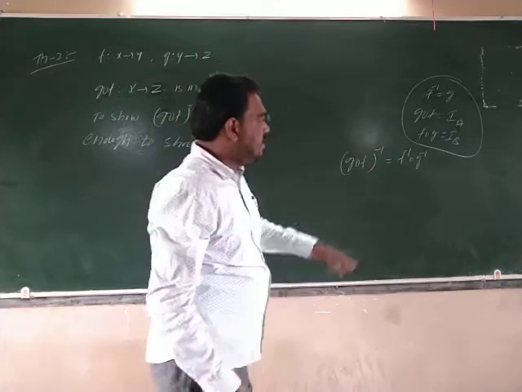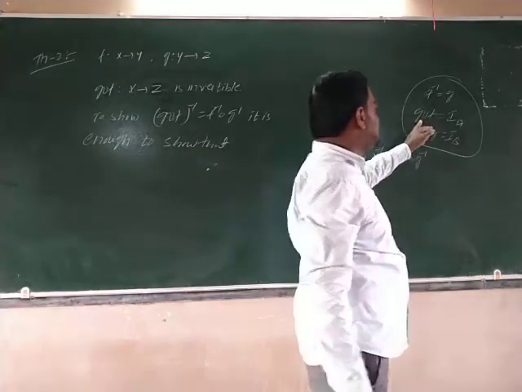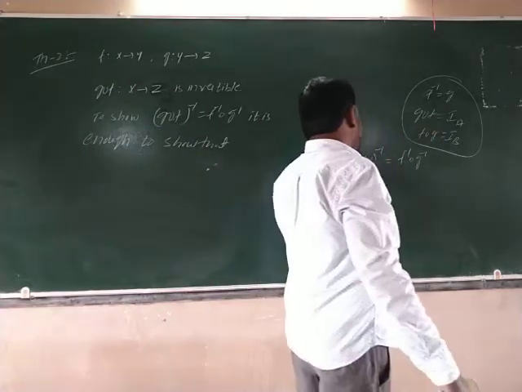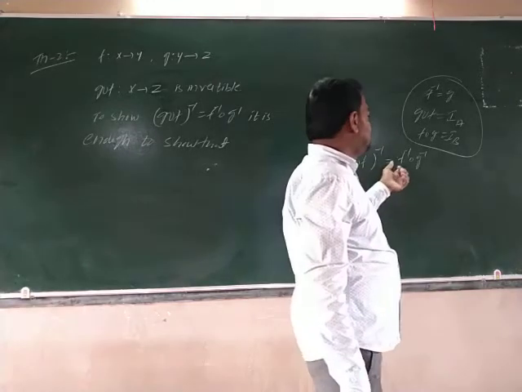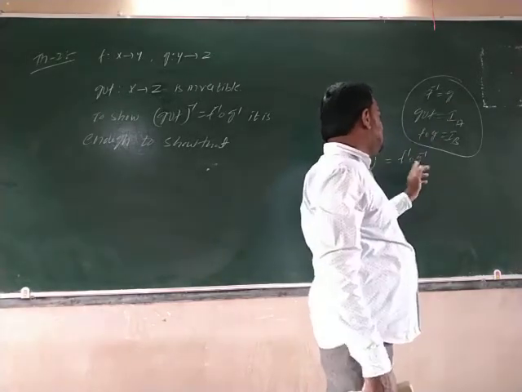In place of G, here (G circle F) whole inverse; in place of G, F inverse circle G inverse.